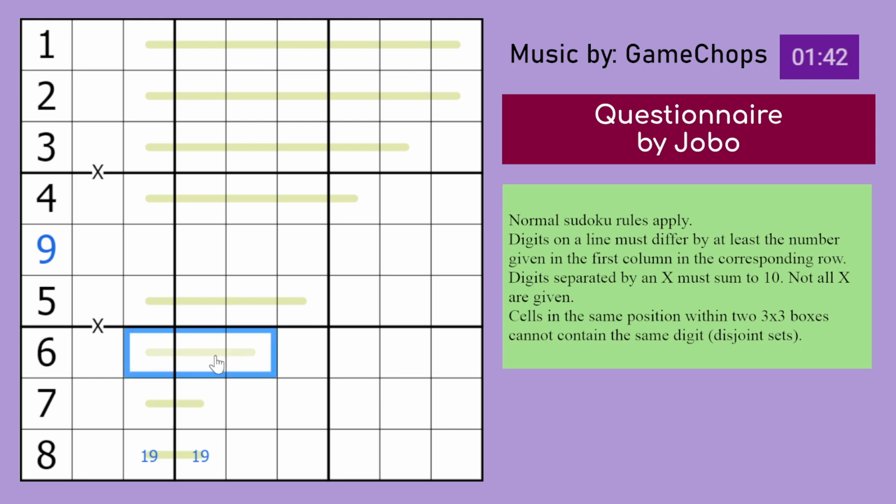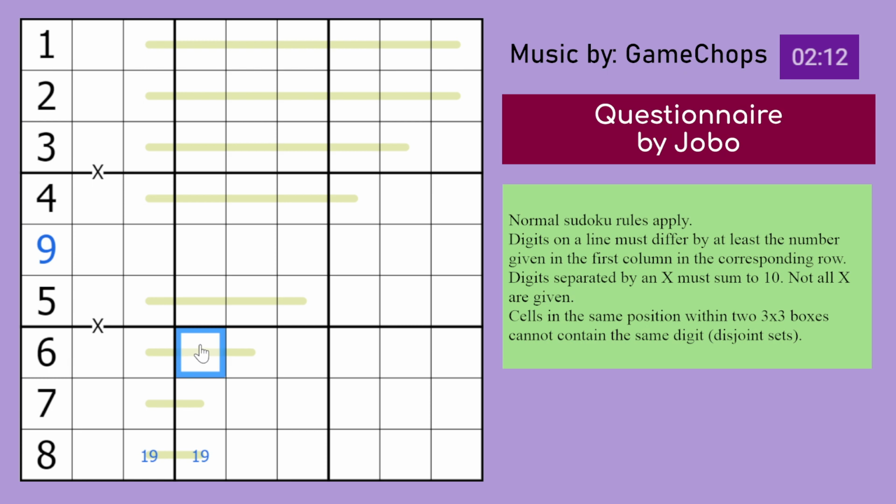I could do something with this maybe. But what are possible pairs for here that differ by at least 6? You could have 1, 7, 2, 8, and 3, 9. Those are the pairs that differ by 6. But it could differ by more than 6 because the rule says at least the number given.